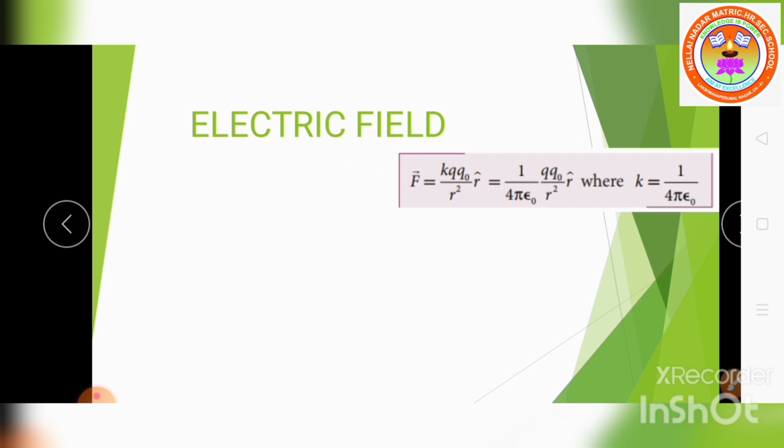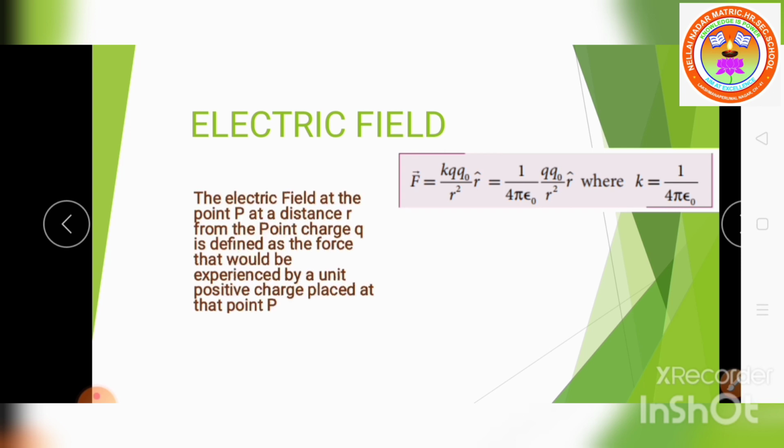So, there is a very important 2 mark question: define electric field. The electric field at the point P at a distance R from the point charge Q is defined as the force that would be experienced by a unit positive charge.